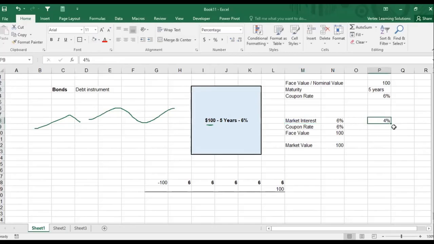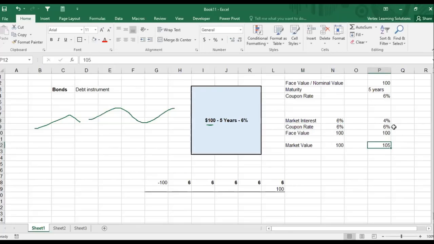The banks are offering 4%. If the banks are offering 4% and this bond is offering 6%, what will happen? Everybody will start taking money out of the bank and start buying the bond because the bond is giving better return. And therefore, the demand for this bond will increase and its market price will go up, probably to $105.